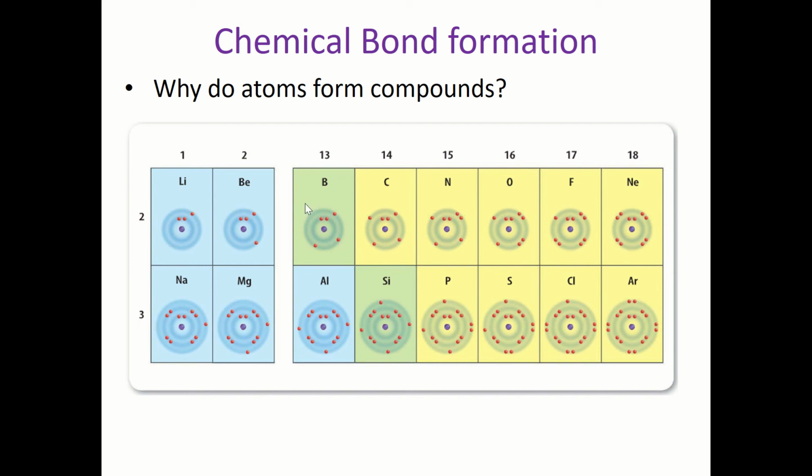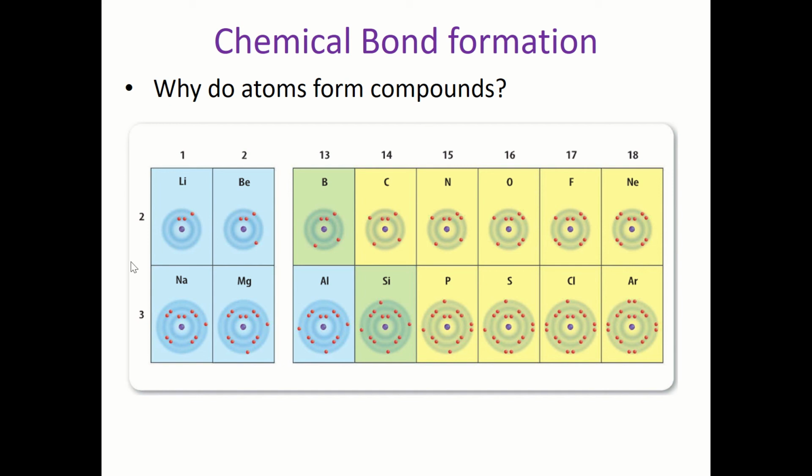So elements in group 13 have 3 electrons at their outermost orbit, 14 have 4 electrons, 15 have 5 electrons, and so on, right? This number of electrons is what we call the valence electrons. If you remember this word, it's called the valence electrons, which is the number of electrons at the outermost orbit of those elements, right?